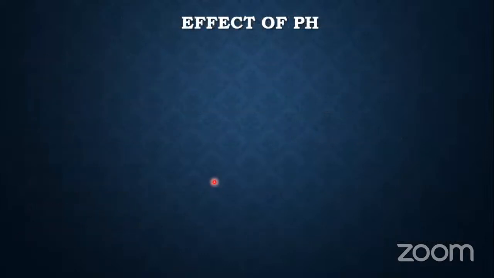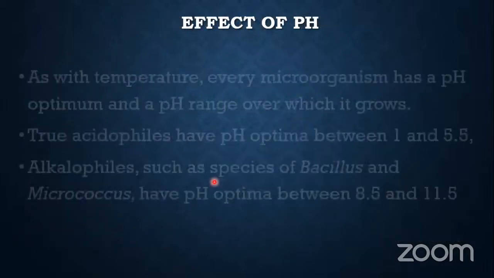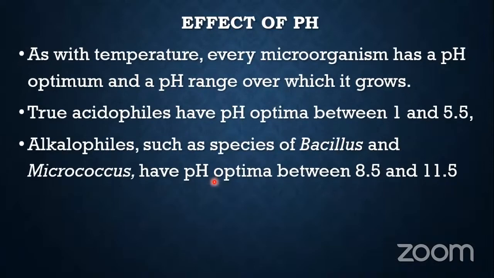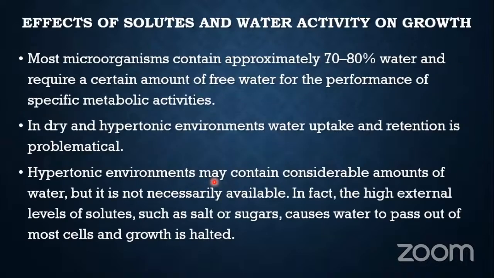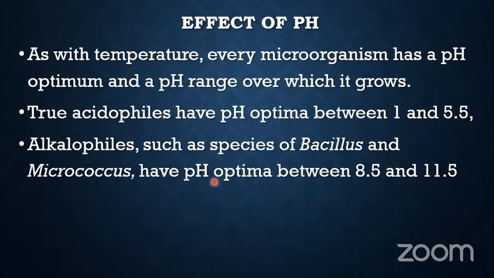So the effect of pH also. The way we have microorganisms that have tolerance for different temperatures, we also have microorganisms that have different tolerance for pH. So we have the acidophiles and we also have the alkalophiles.